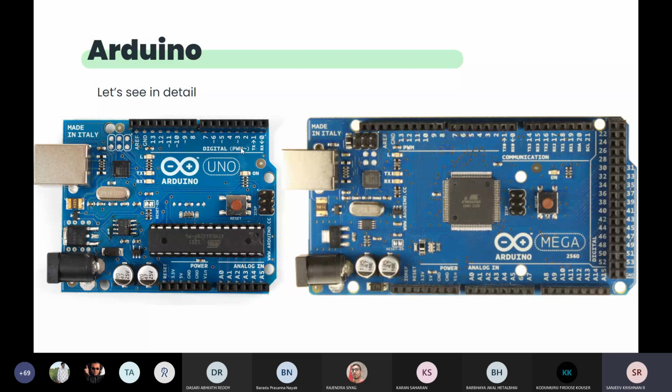These 6 pins are PWM pins. Only these 6 pins can produce PWM outputs. Similarly in the Mega, from 0 to 53, all these 54 pins are digital pins. Among these 54 digital pins, 2 to 13 are PWM pins. So only these pins can produce PWM outputs.